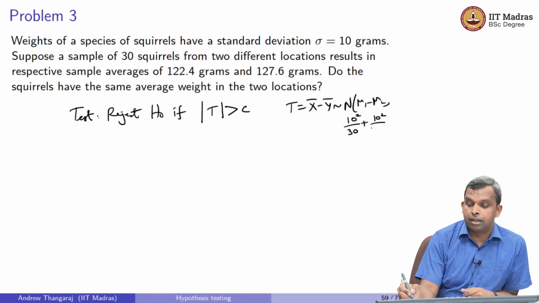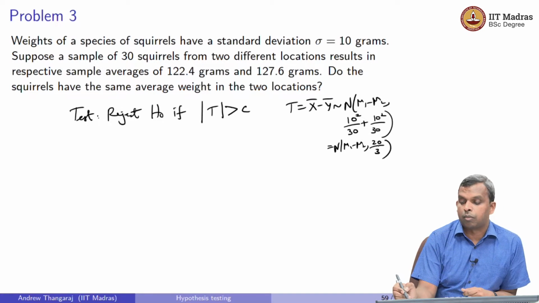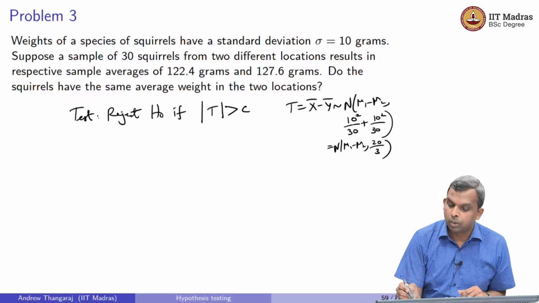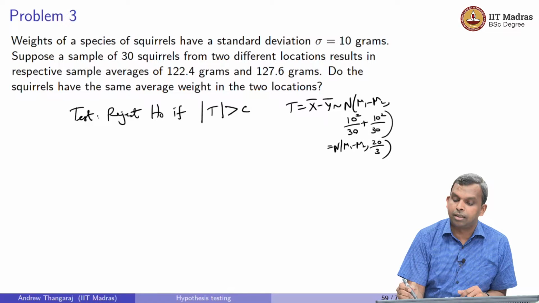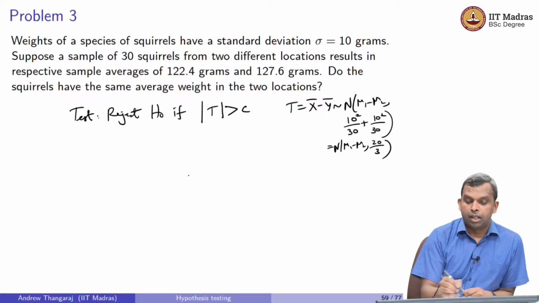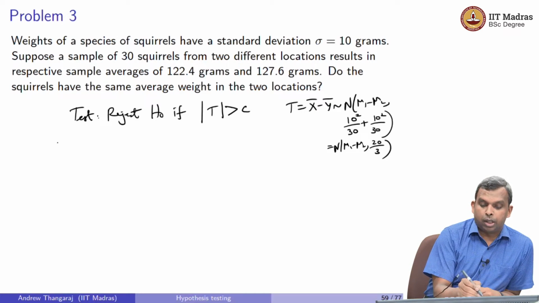Both n1 and n2 are the same, so the variance is 10 squared by 30 plus 10 squared by 30. 10 squared is 100, by 30 is 10 by 3, plus 10 by 3 is 20 by 3. Okay, so we know enough about this.